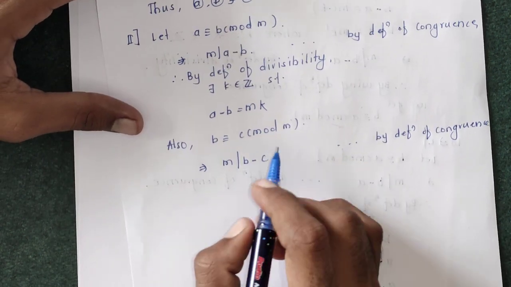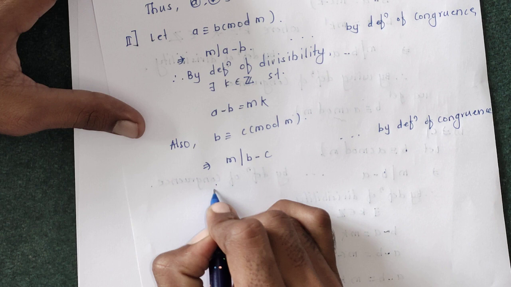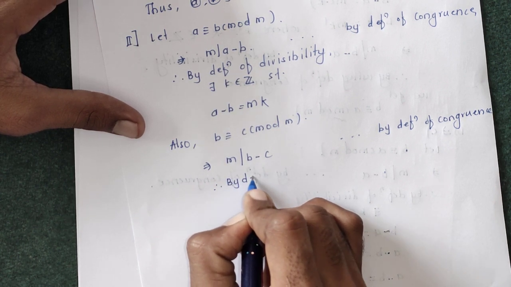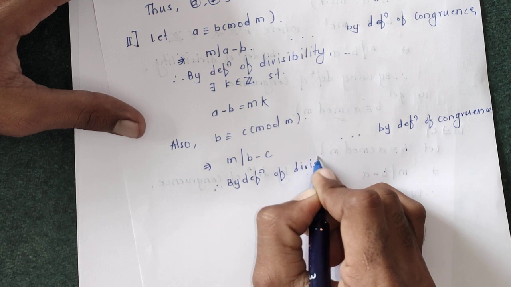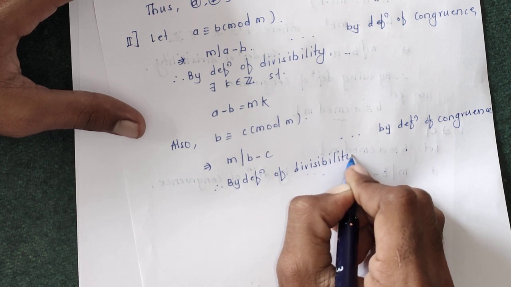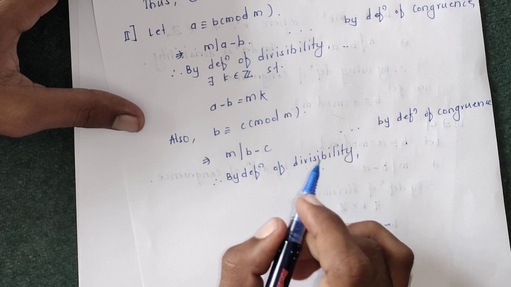And here on this step we can use the definition of divisibility. Therefore, by definition of divisibility, there exists another integer.